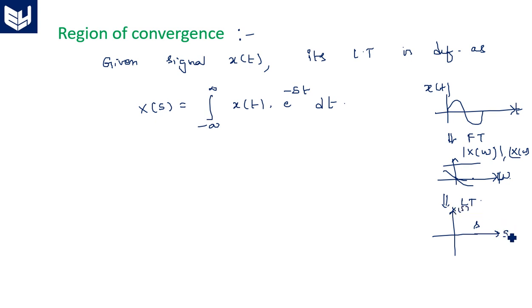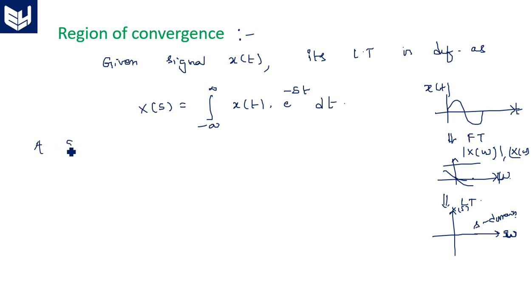So s is nothing but omega, but here the omega is imaginary, j omega. So the resultant signal we are going to draw on the s domain. A set of points on the s plane which are integrable on the right side of X of s, which converges, is known as region of convergence.